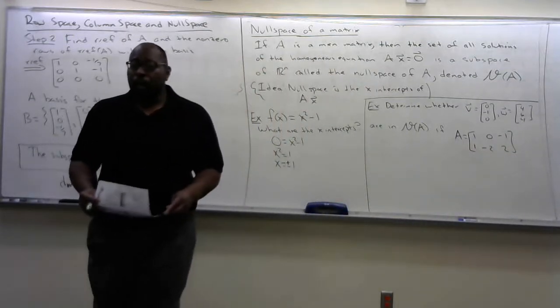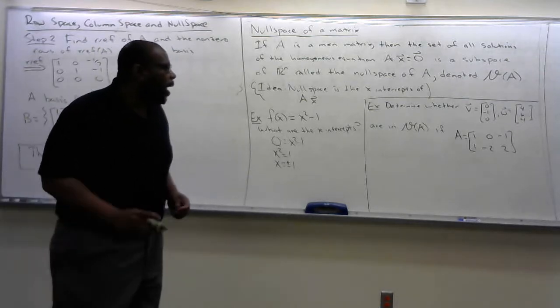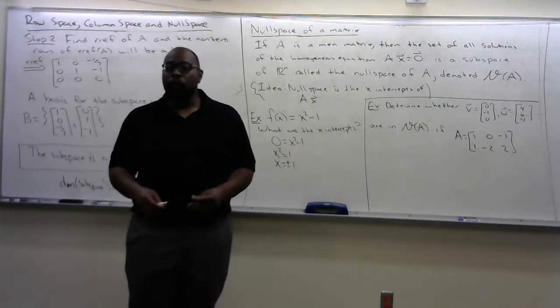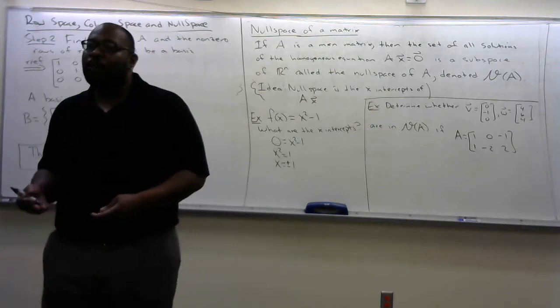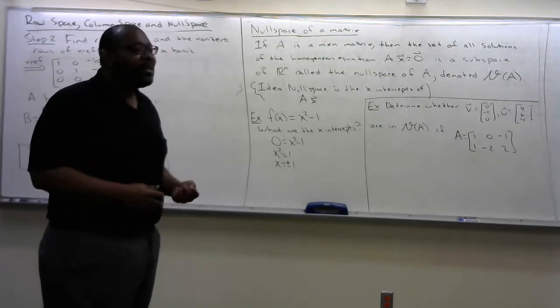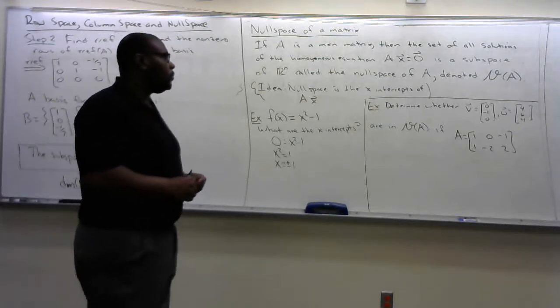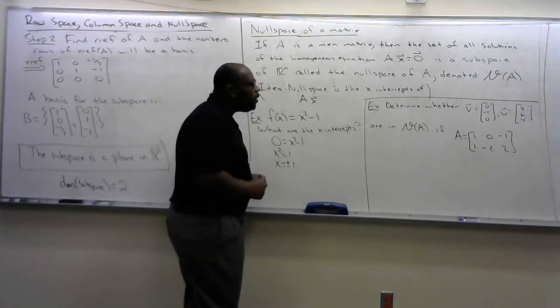Essentially I want to know, when I multiply A times that vector, do I get 0 back? Does it act like an x-intercept?